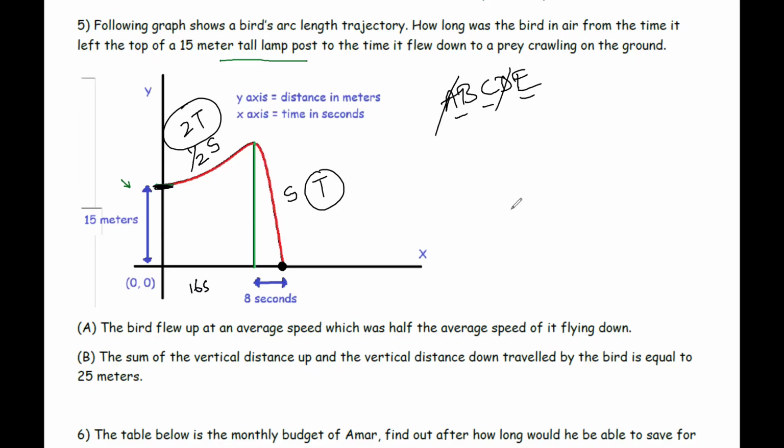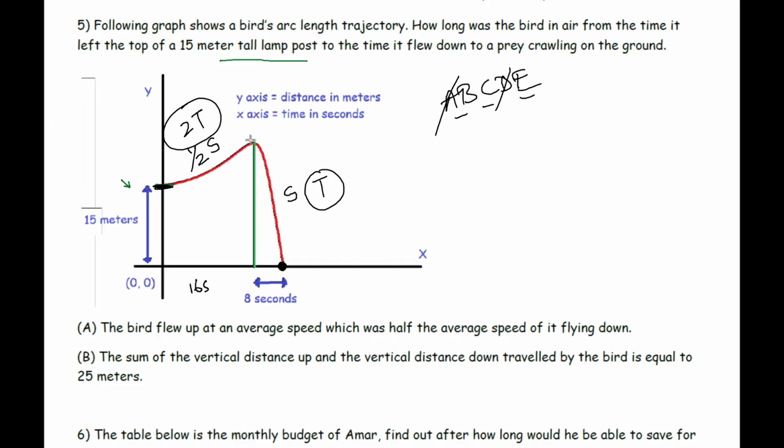Second statement: the sum of the vertical distance up and the vertical distance down traveled by the bird is equal to 25 meters. Now, this is an interesting question. Earlier, the 25 meters was the red color pathway. But now they're saying the vertical distance up. So if I use this blue line, so far we have 15 meters from ground to here.